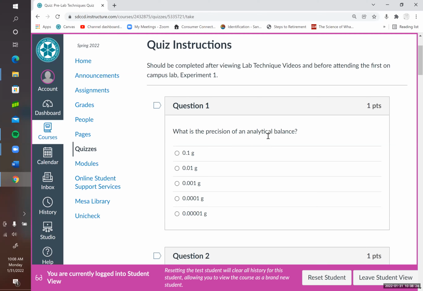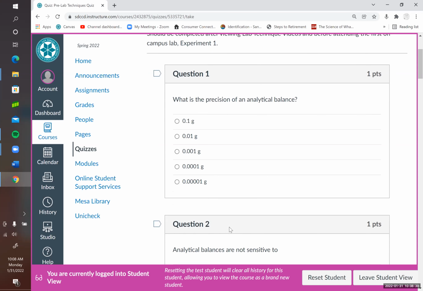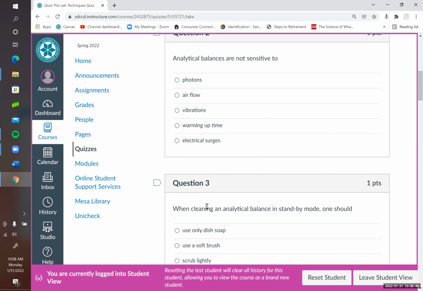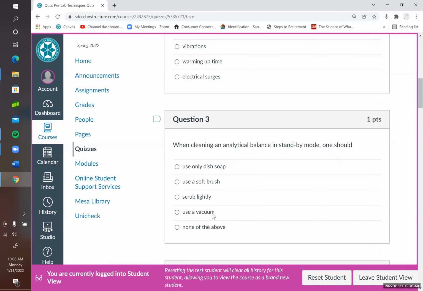So what is the precision of an analytical balance? You're going to have to watch that video, and you're going to have to know what the definition of precision is to pick the right answer. Analytical balances are not sensitive to all these things. What are they sensitive to, and so forth.